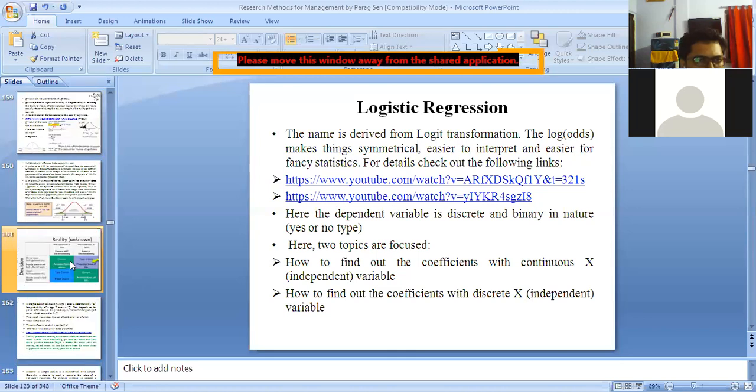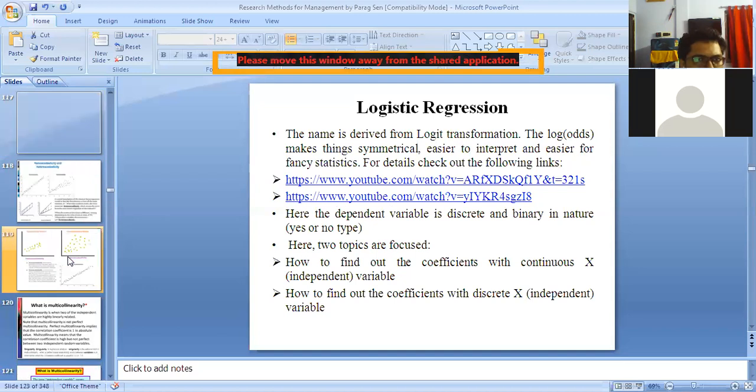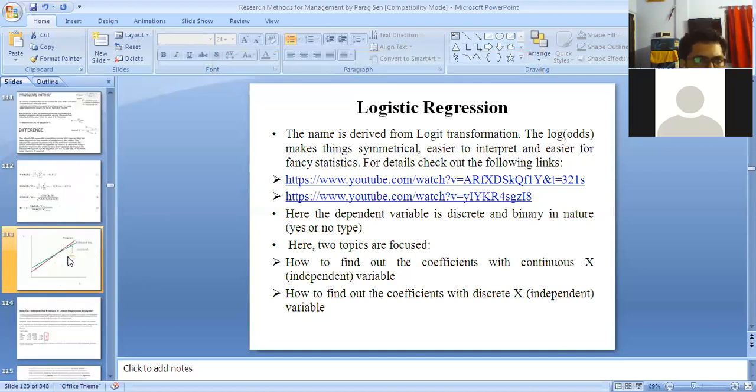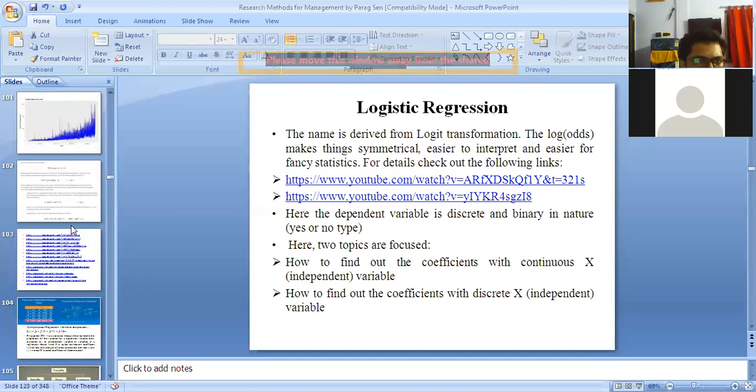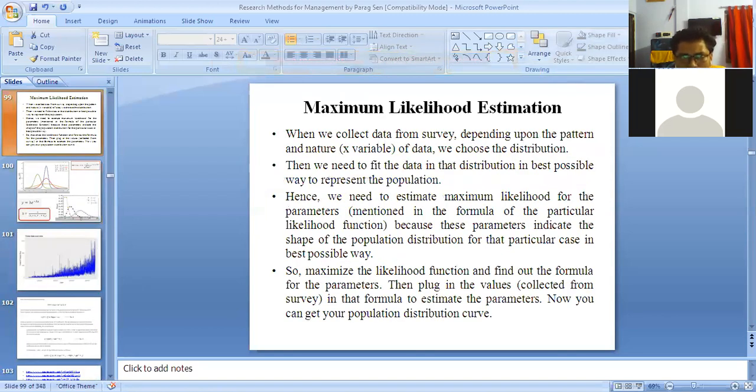I'm just checking whether I have got those slides. Yes, okay. So maximum likelihood estimation.